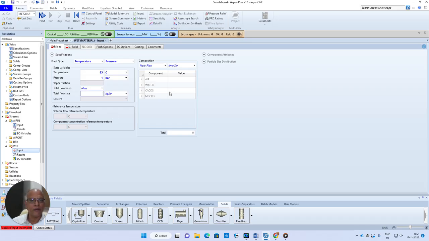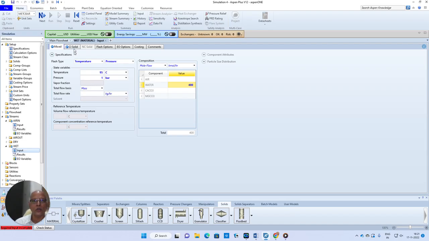Remember, we have 20% water and the remaining is CaCO3 and MgCO3. So out of 2000 kg, 20% corresponds to 400 kg per hour of water, and the remaining has to be CaCO3 and MgCO3, equimolar contents.